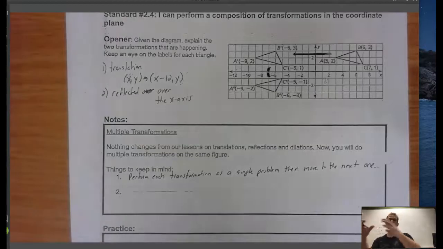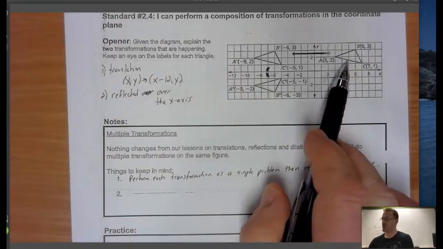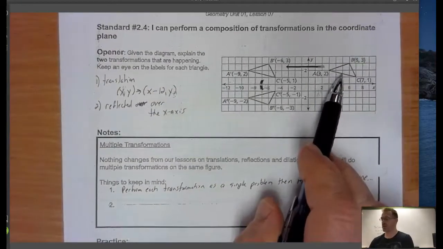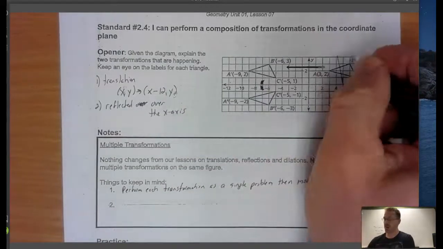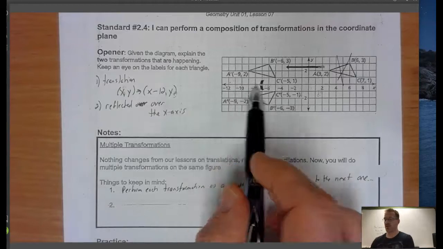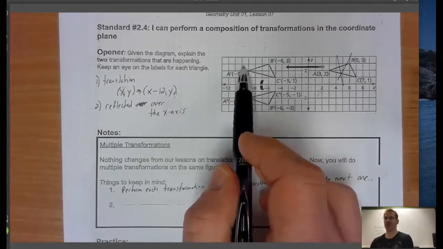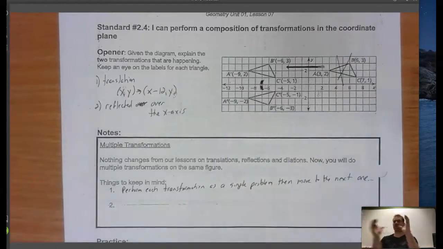So once I've transformed whatever I'm supposed to do, once I move from here to here, I don't care about this figure anymore. I'm now working from this, and I'm going to start my new problem. I perform the first transformation. That gives me a new picture. Then I use that picture to perform the next one.